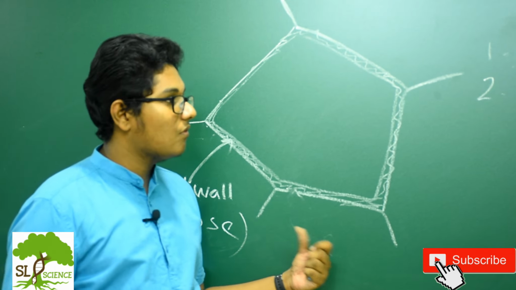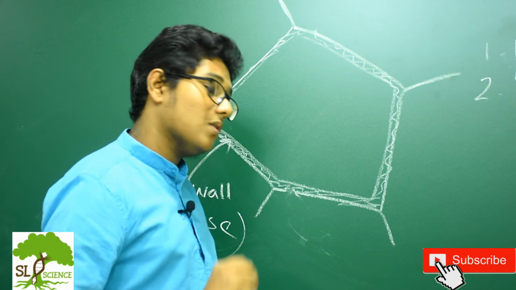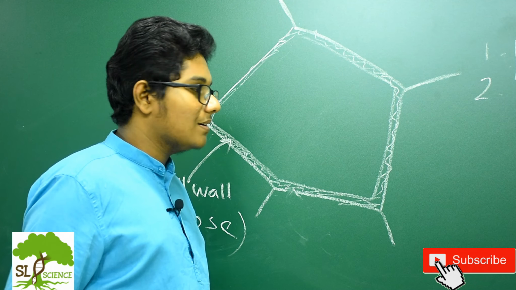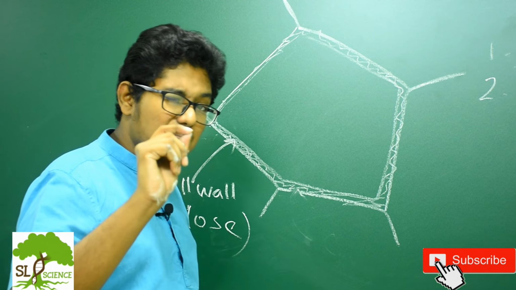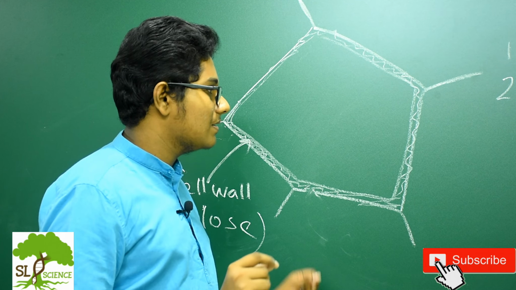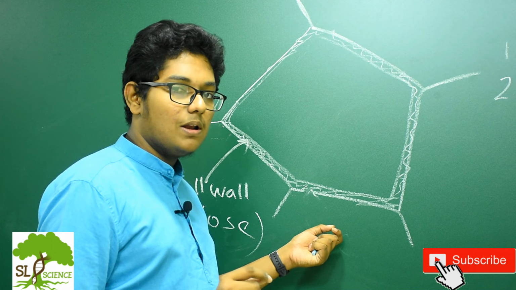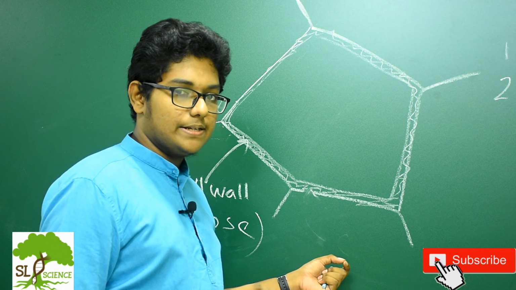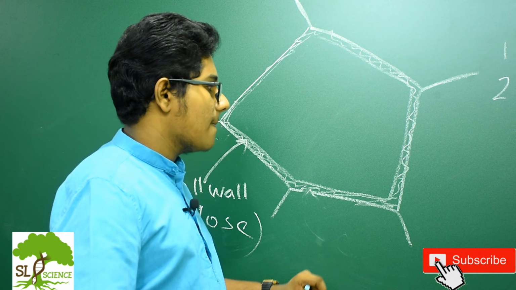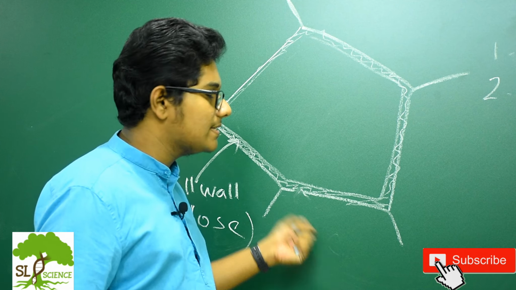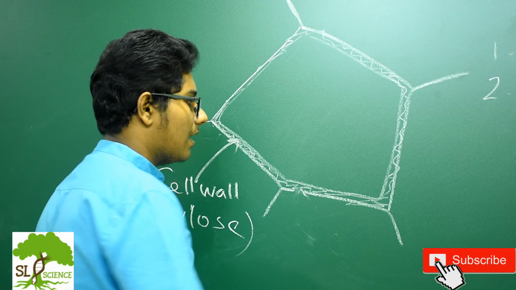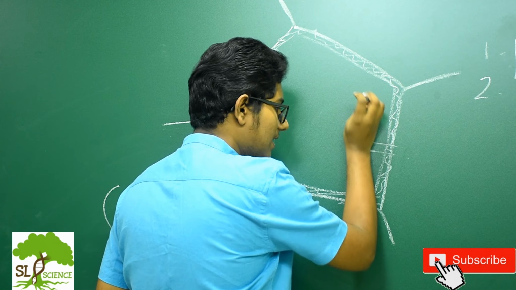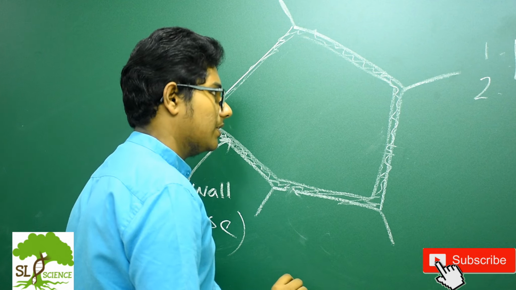In the secondary cell wall you will discuss hemicellulose, and in some plant cells the cell wall will contain pectin.